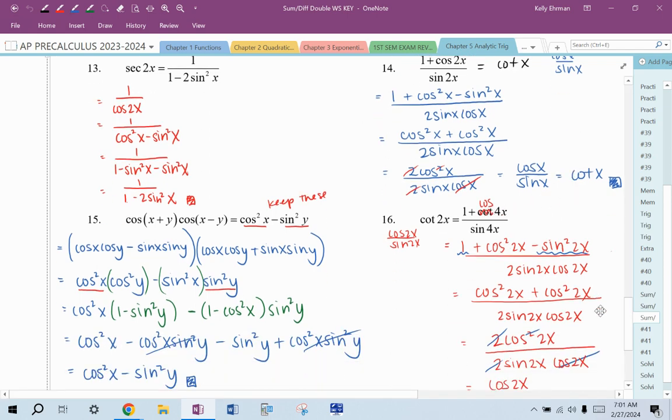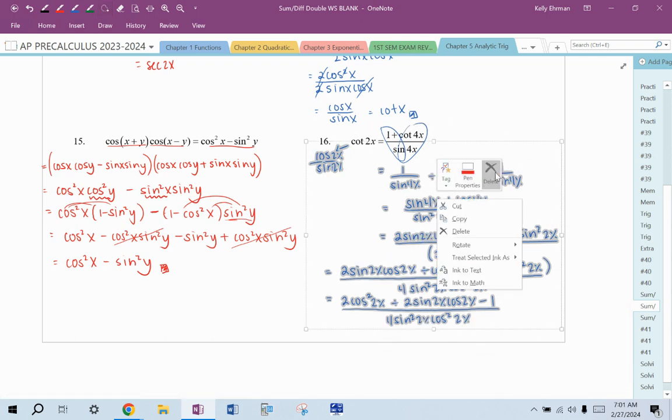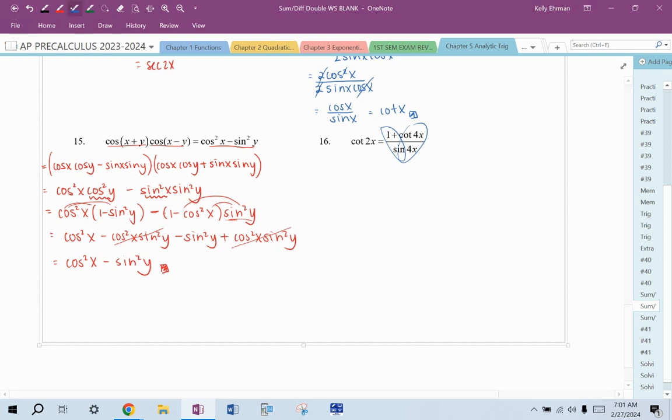Oh, this is why I'm stuck. It's not cotangent. It's supposed to be cosine. Well then, delete all this. Sorry, guys. Okay, this problem, yeah, it's probably not true that that's equal if it's cosine, if it's cotangent. Okay, make that cosine. This problem probably just got a whole lot easier.